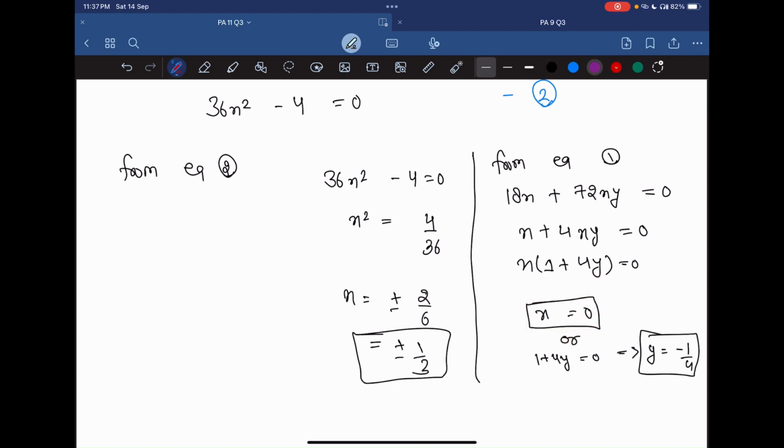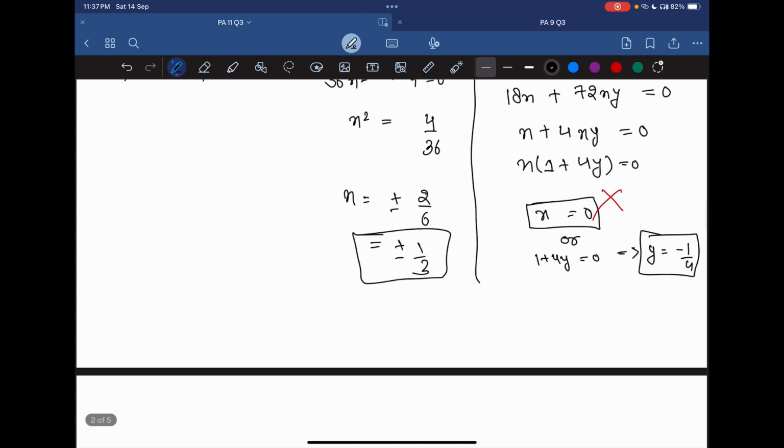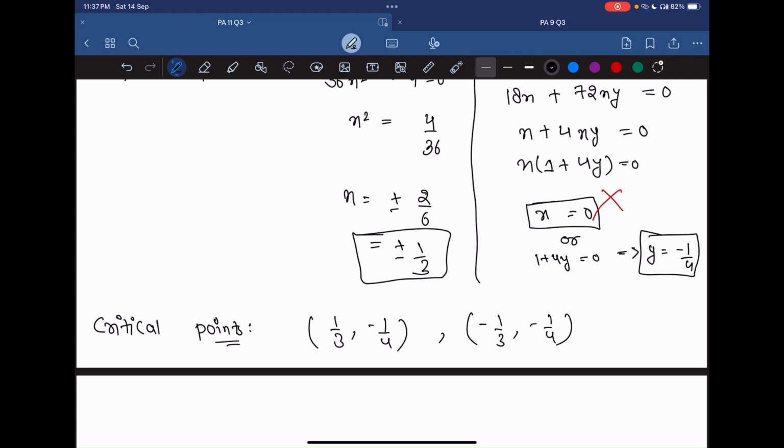So we will exclude this case. So the critical points that we will get will be (1 by 3, minus 1 by 4) and (minus 1 by 3, minus 1 by 4).